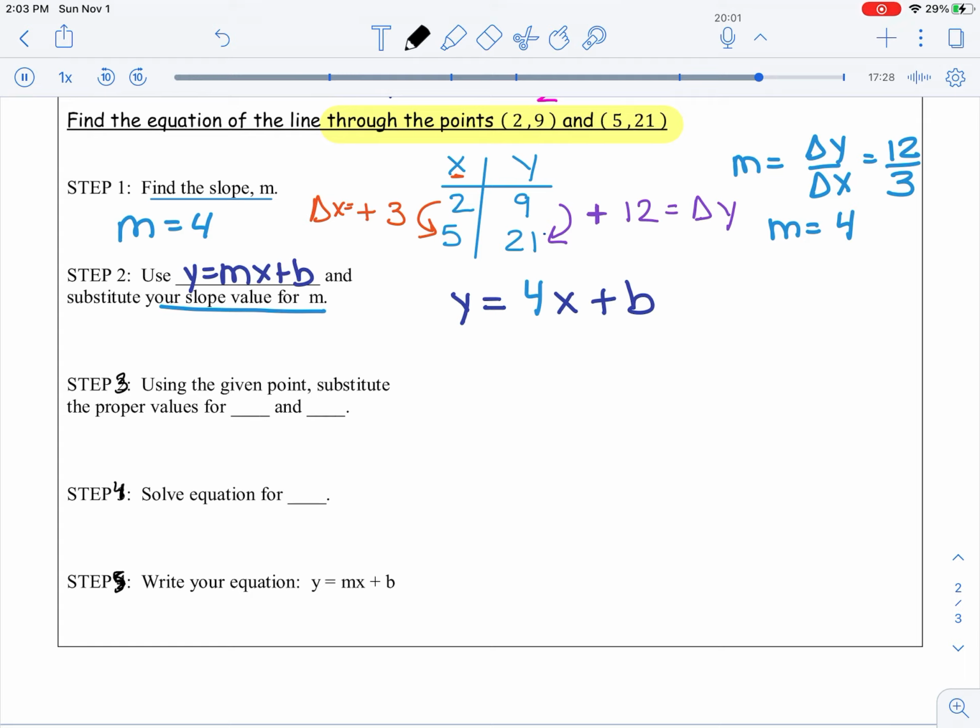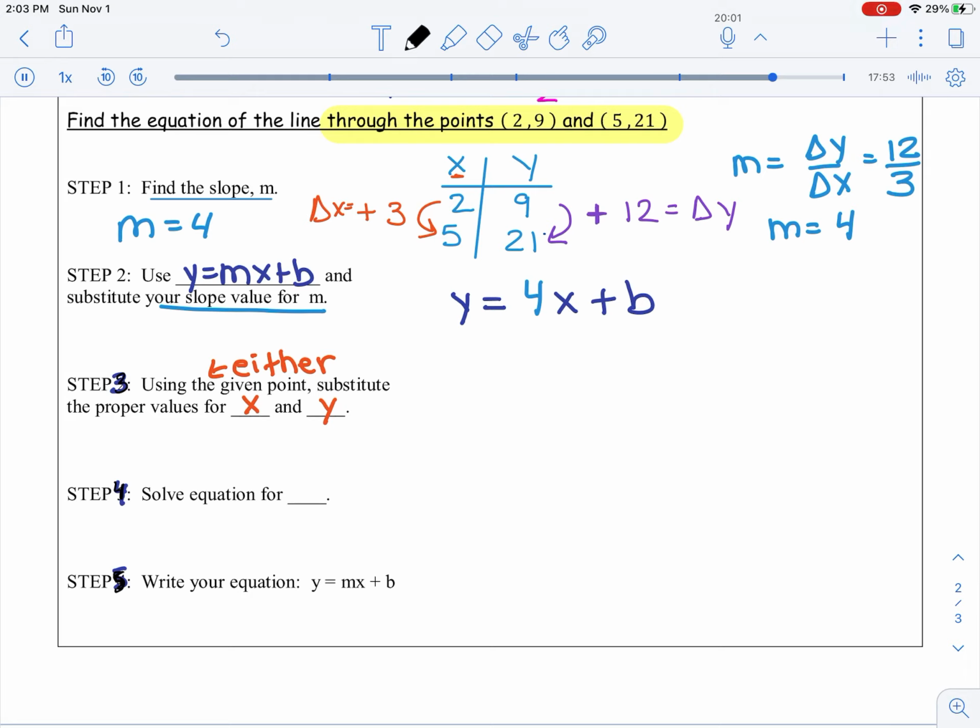Now I'm on to step number 3. Using the given point, I want to substitute the proper values for my x and my y. And remember, we can use either of my given points, it just depends on which you'd like to choose.